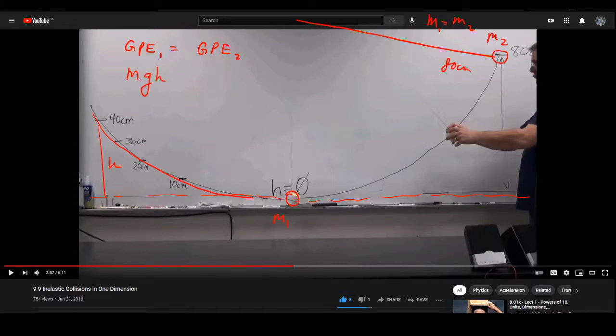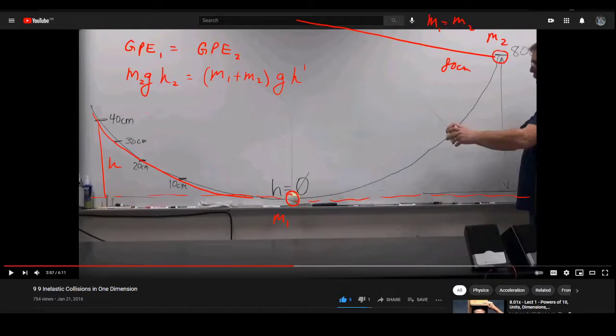Here we've got m2 g times 80, or you can keep it as h first, maybe h2. And on the other side, it will also be mgh, but this m is going to be m1 plus m2, g times the new height, or the final height, whatever symbol you use.